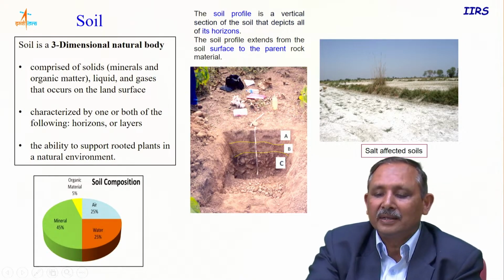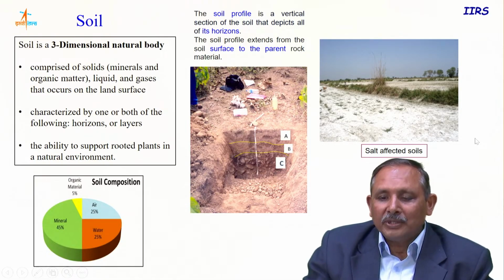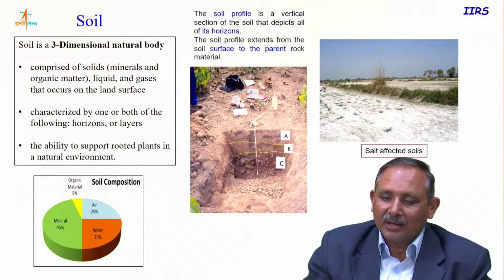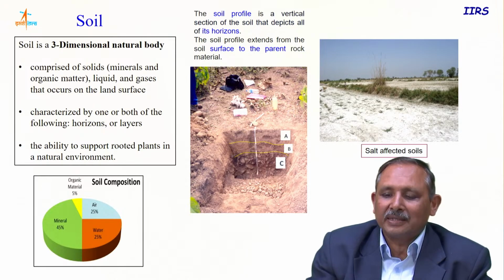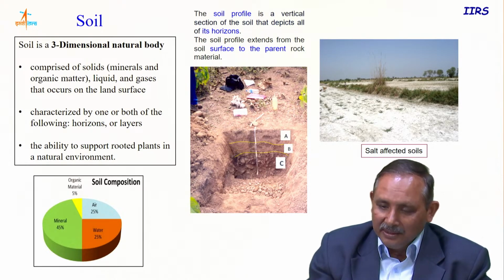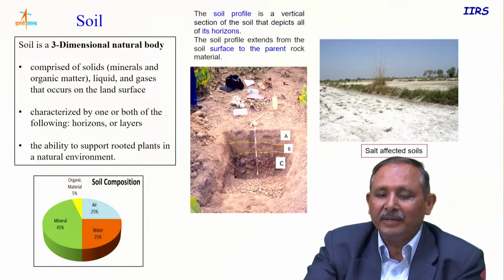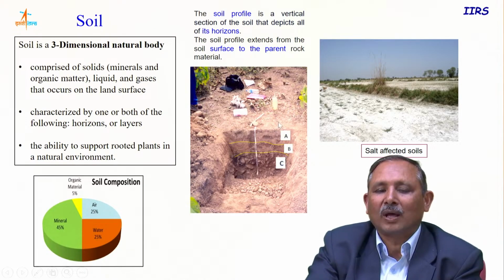And on the right side in the picture you are seeing that some soils get degraded, for example, salt affected soils, where the composition of the surface soil is changed. So if the radiation is coming from the sun and interacts with the salt affected soils, the amount of reflectance will be different from your normal soil.